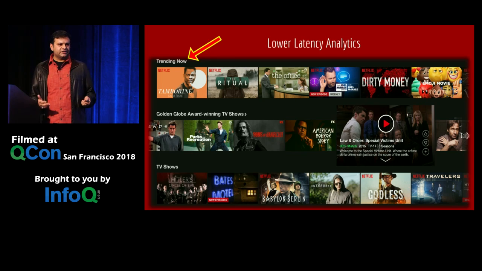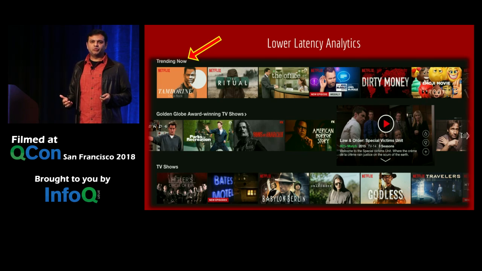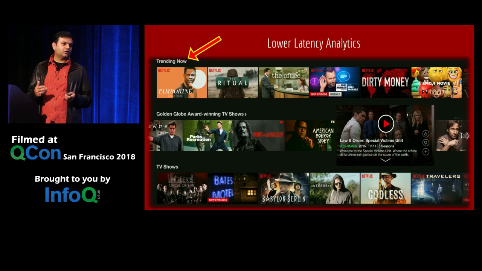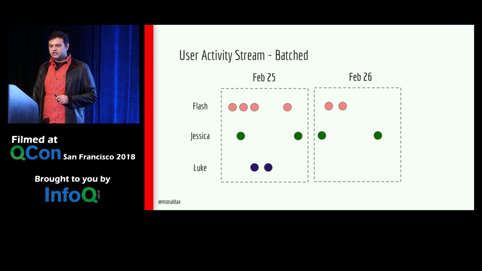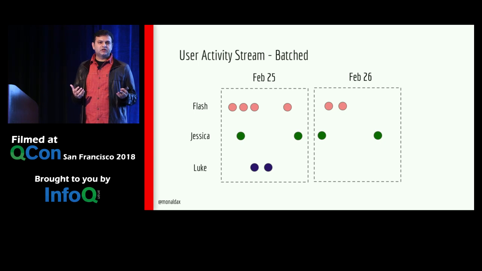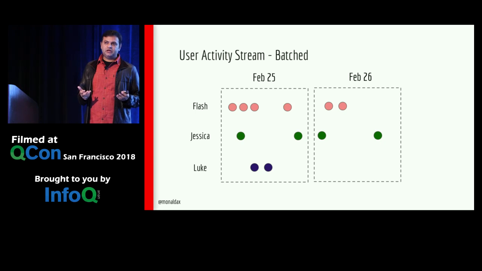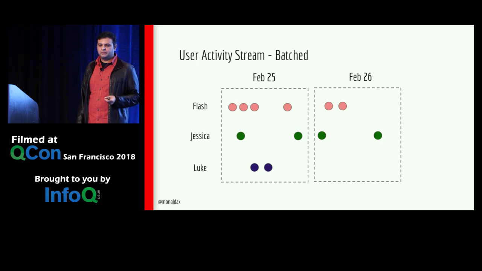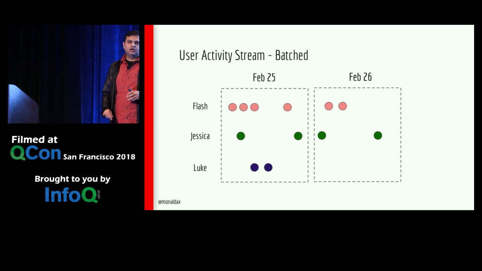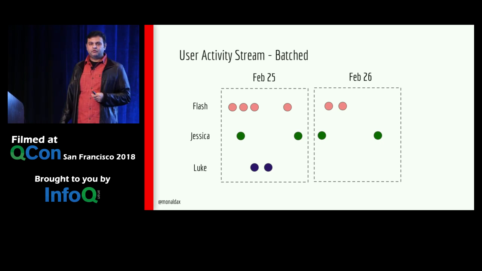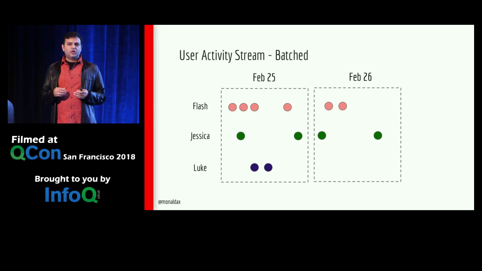So getting lower latency analytics and metrics is useful, and that's one of the applications of stream processing. The next one is if you're trying to understand user sessions. Maybe they're searching, or maybe they're creating certain experiences, and we want to know what happens. In the batch world, you usually have fixed batches, and you're trying to identify sessions that happen during those batches.